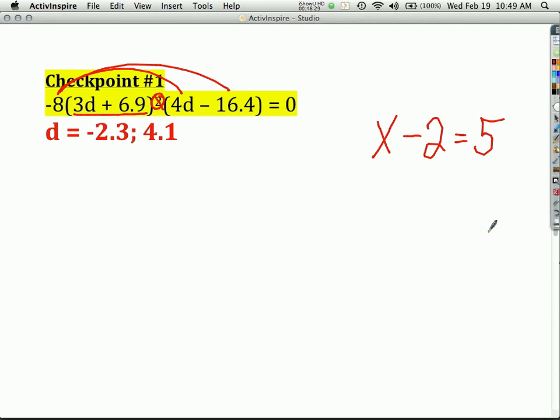Solve that mentally. What does x equal? Eric? 7. We all agree that it's 7? Good. Now watch this. Solve the equation. Do it mentally or do it on paper, either way, I don't care. It should take you 30 seconds or less. What's the solution?